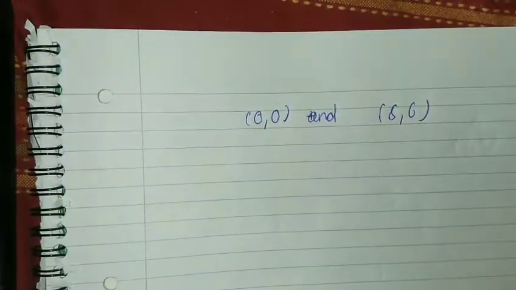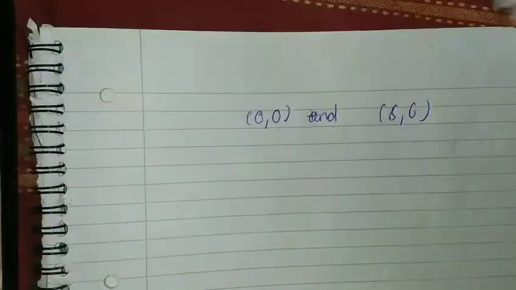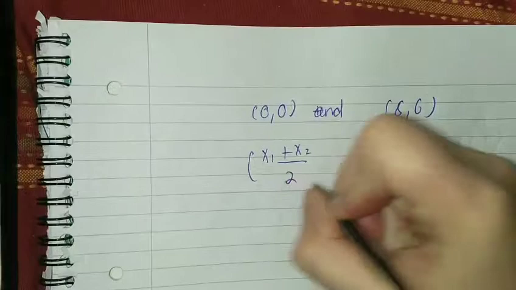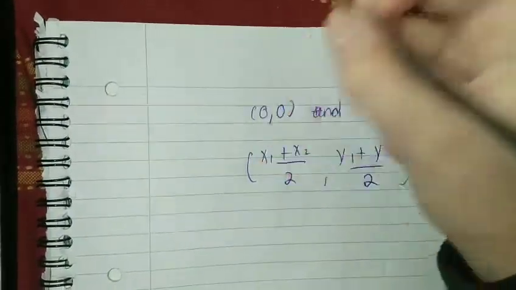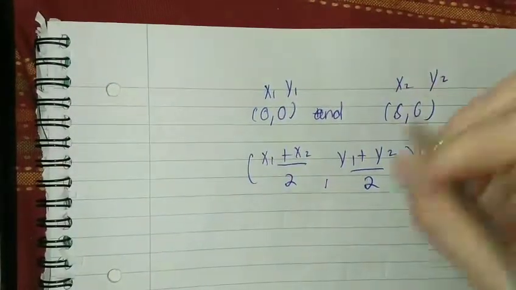So I want to get 8, 6. So if I want to get the midpoint, I'm going to use this formula here. So it's x1 plus x2 over 2, and then y1 plus y2 over 2. So I'll call this x1, y1, and this x2, y2.